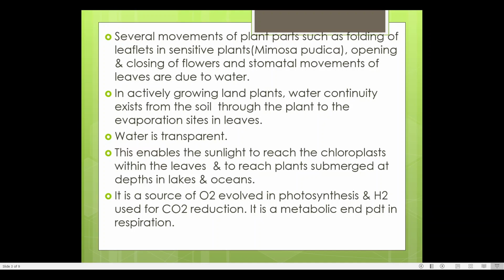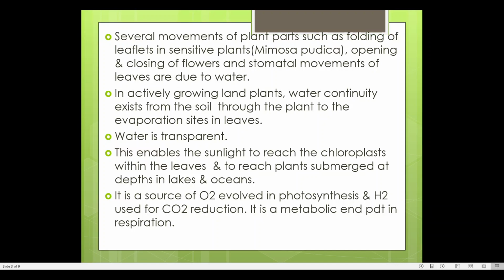As we suck a cool drink from a bottle through a straw, continuity of the drink is maintained from the bottom of the bottle to our mouth. Similarly, here also the continuity of water will be maintained from the bottom of the soil to the top of the tree, the leaves that are present towards the sky at the edges. So this is maintained mainly due to the water column.